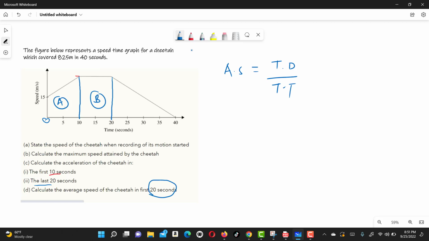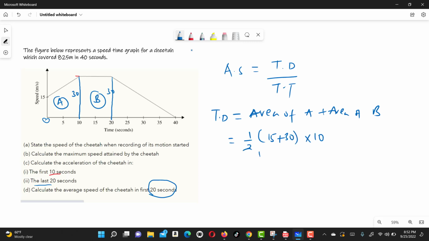Now that we know the height, which is 30 in both cases, the total distance is the same as the area of A plus the area of B. What is the area of A? The area of A is a trapezium, and that will be a half times 15 plus 30 times the height, 10. This is the same as 45 times 5, which gives us 225.